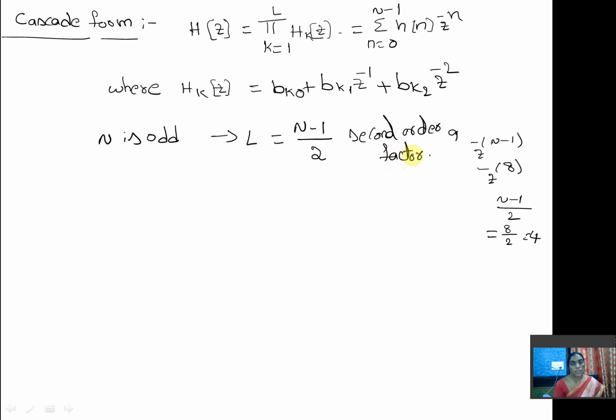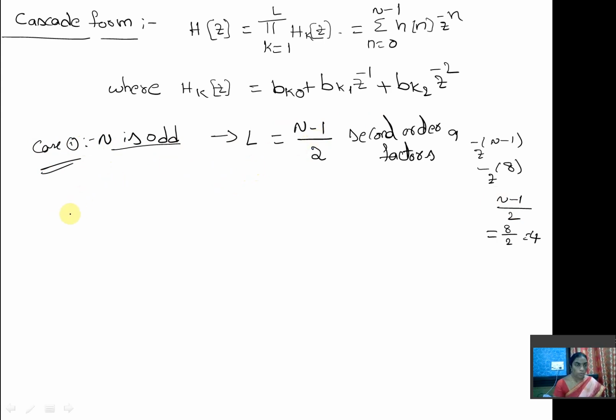If you consider first order factors, overall 8 first order factors. If you take second order factors, 4 second order factors. That's why, if you consider N is odd in this case, N minus 1 by 2 second order factors will be formed.